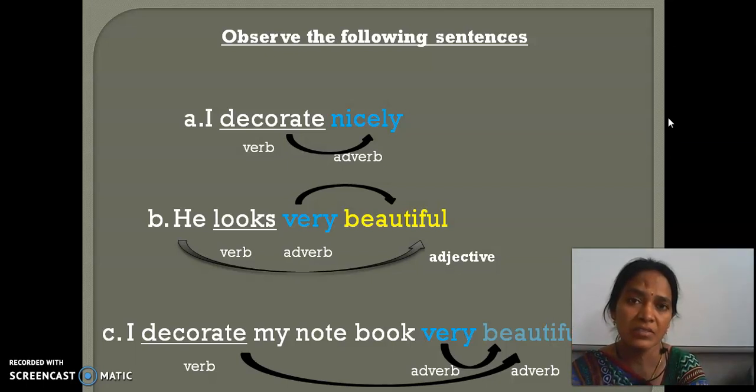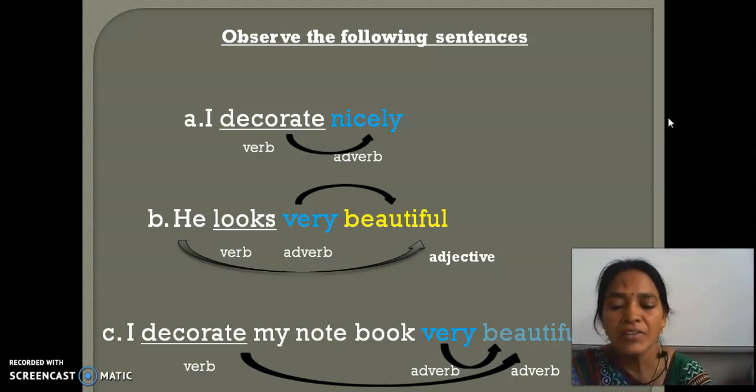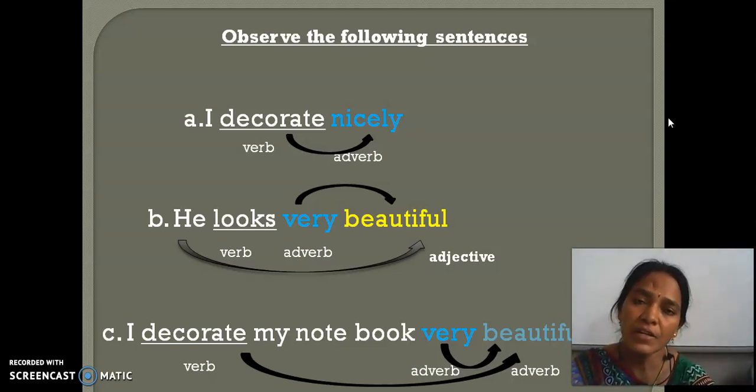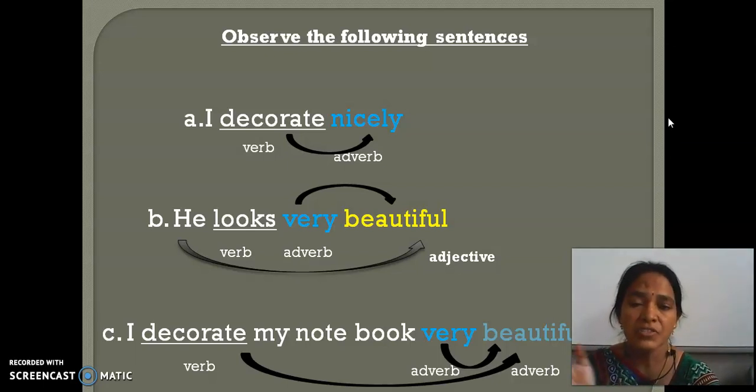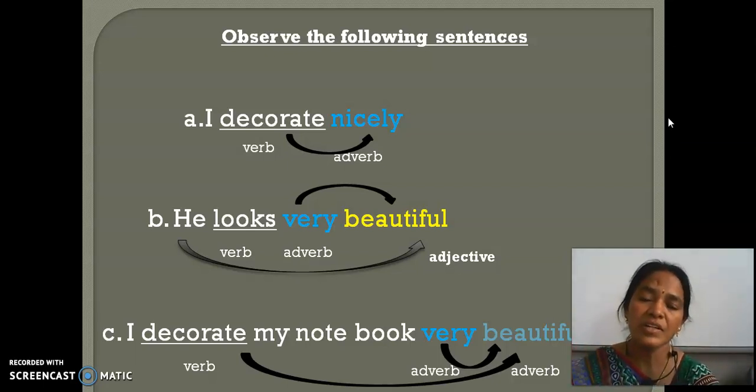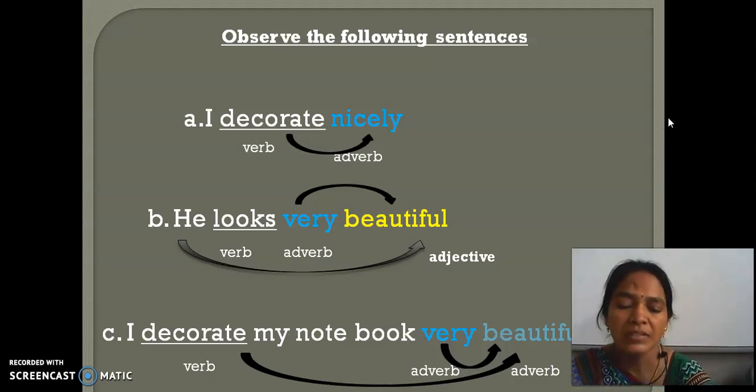Using the adverbs in our sentence to beautify them, to give additional meaning. So, I decorate my notebook very beautifully. Your beautifully is an adverb and your adverb is again given an additional stress point. Very also is an adverb.